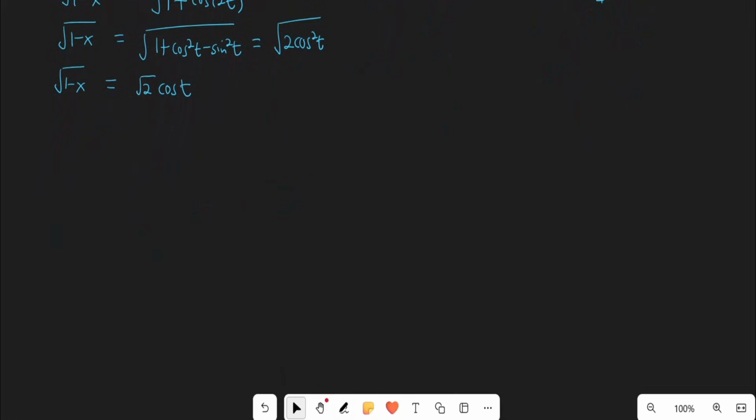Alright, so the integral in the t world is now looking like this.